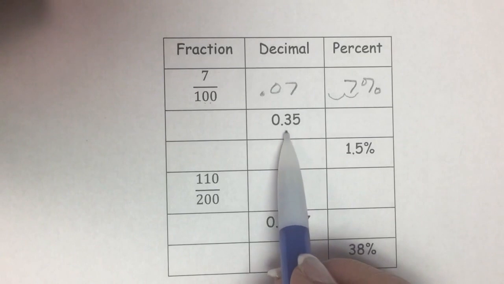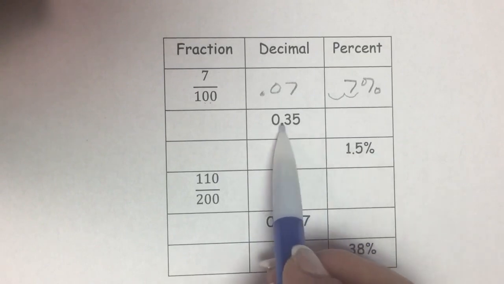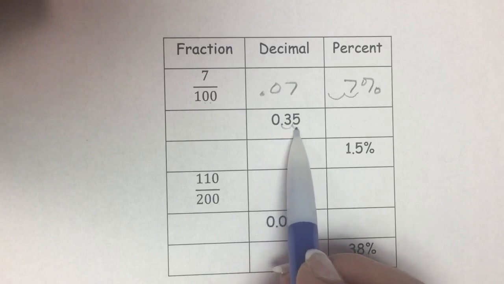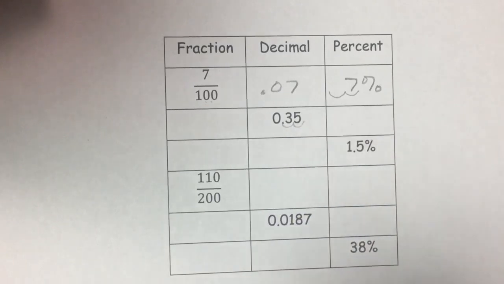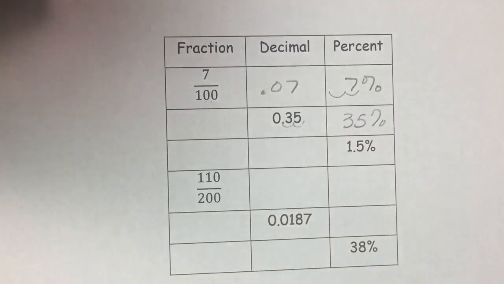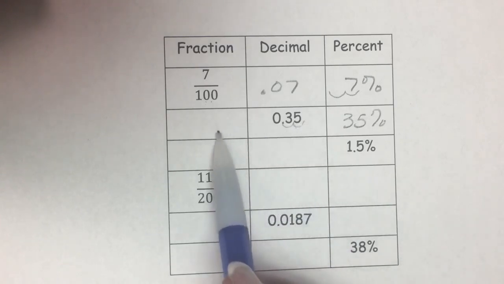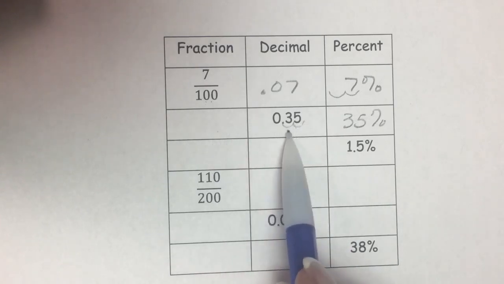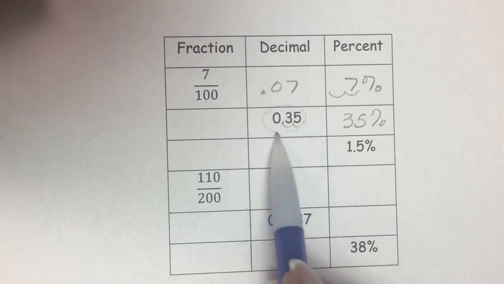So look at this one. I'm given the decimal. So why don't we go ahead and change that decimal to a percent by moving the decimal over 2 places to the right. Now, if I want to change this decimal to a fraction, well, let's see. How would I read this correctly?